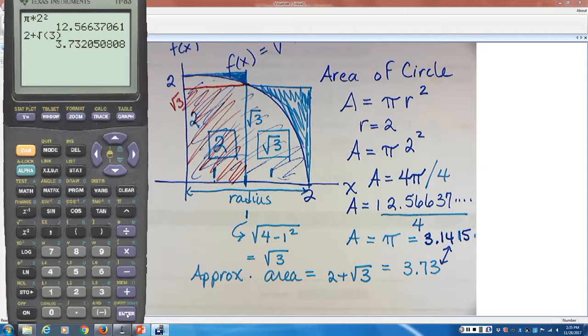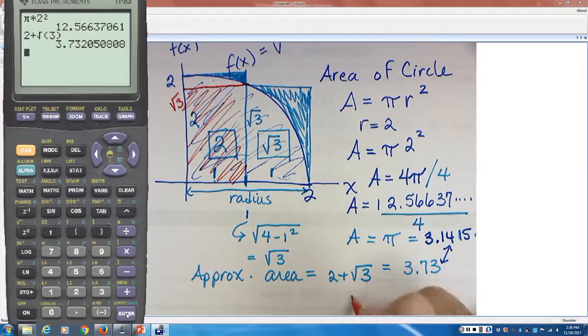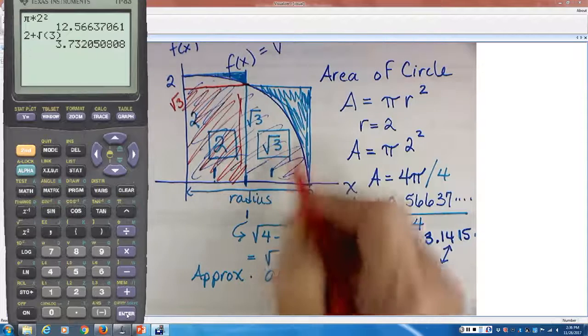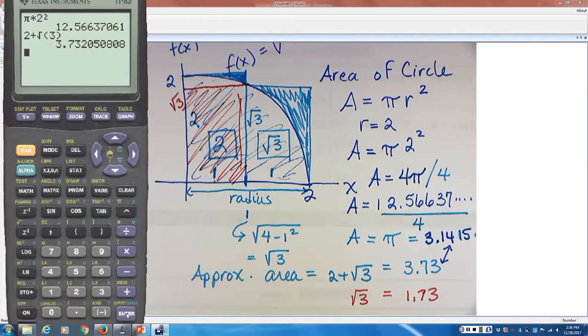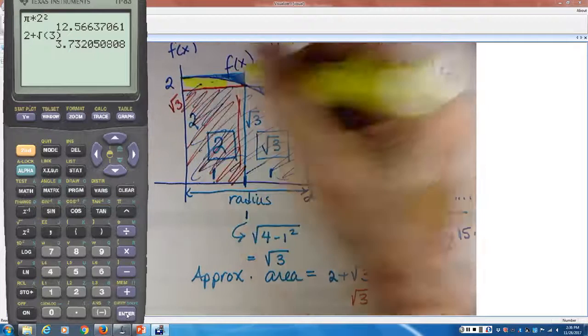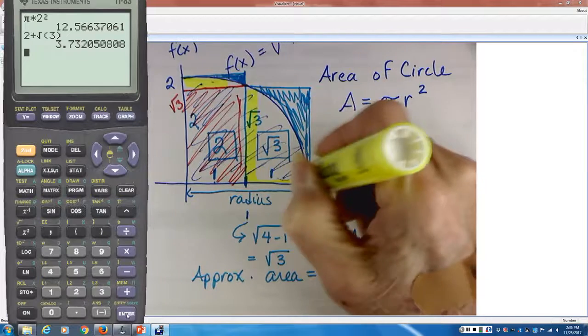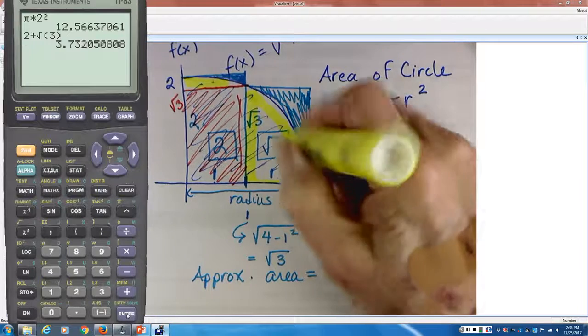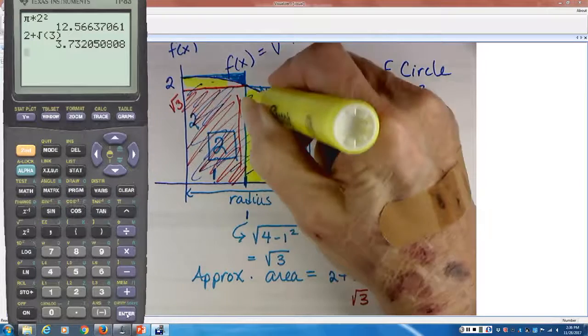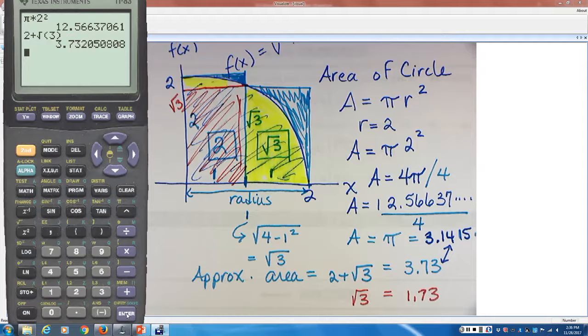And if we take that to be just the square root of 3, because this is all the area that we're estimating with, we don't have an interior rectangle we can draw there, then it vastly underestimates the area because it leaves out all of that and all of that. So neither one of those estimates is very good.